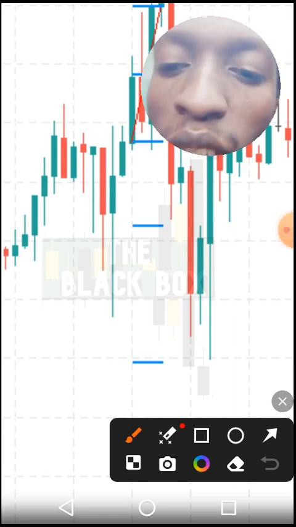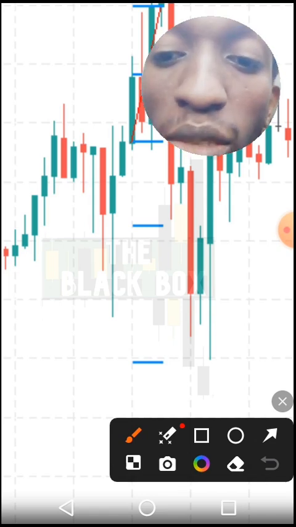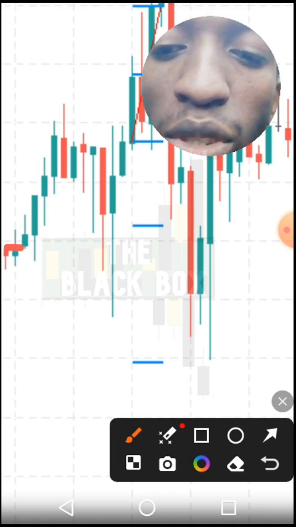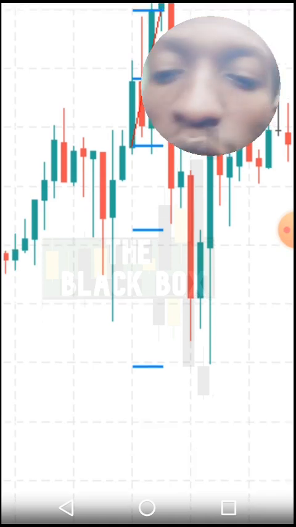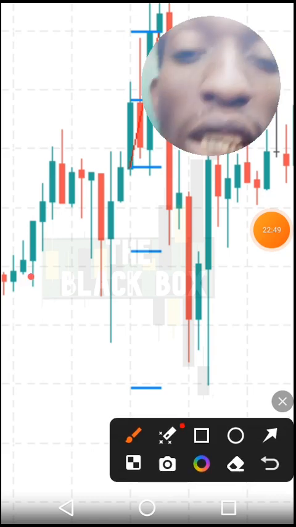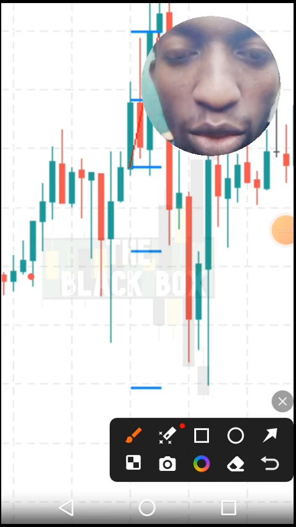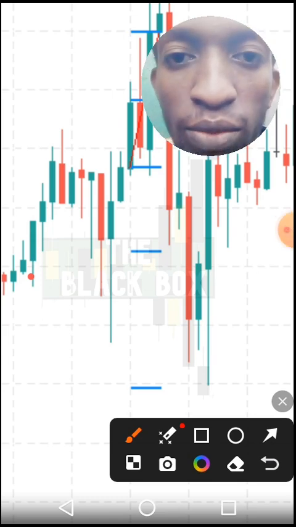So when I looked at it, I knew that 78.6% was hit, because look at the bodies and look at the wick. The bodies are small, and the wick, look, the market looked back to fulfill its purpose.